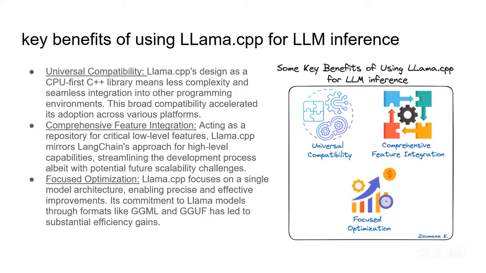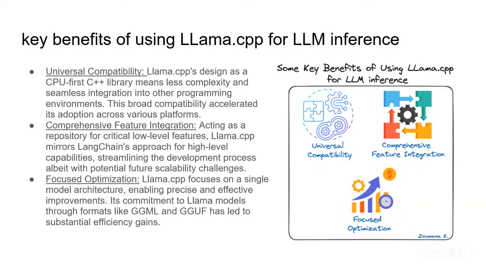Key benefits of using llama.cpp for LLM inference. What are the key benefits? First is universal compatibility. Llama.cpp is designed as a CPU-first C++ library, which means less complexity and seamless integration into other programming environments.